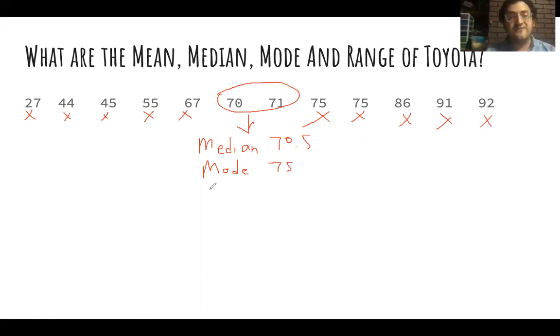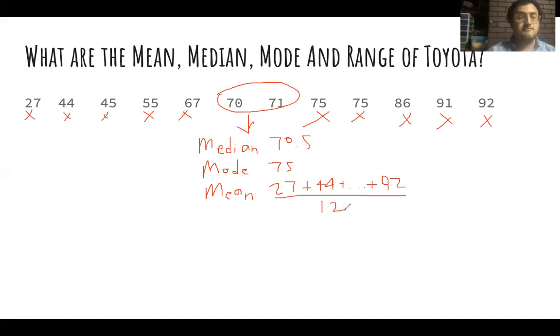And then if we want to find the mean, we do need to add up all the numbers. I'm not going to write out all 12 numbers. I'm just going to add them up and divide by 12.